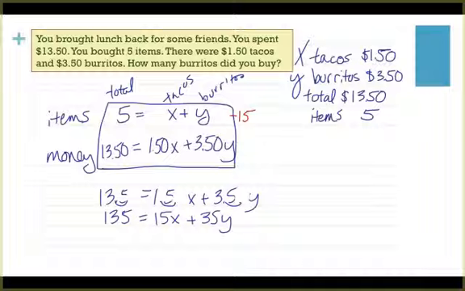I would honestly do this one with substitution if I was doing it, but I know you guys are going to try to use elimination, so we'll do it with elimination. 15 times 5 is 75, so -75, -15x, and -15y.